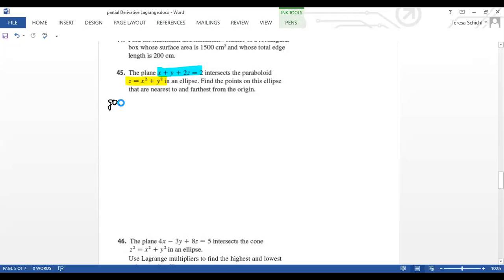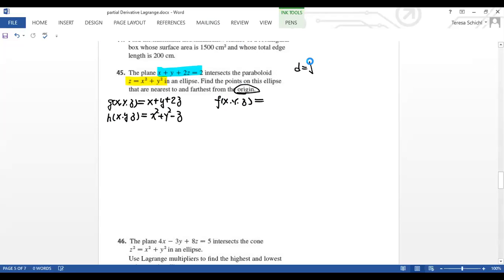So my first constraint is g(x, y, z) equals x plus y plus 2z. My other constraint is h(x, y, z) equals x squared plus y squared minus z. What is my objective function? We want the distance from the origin.